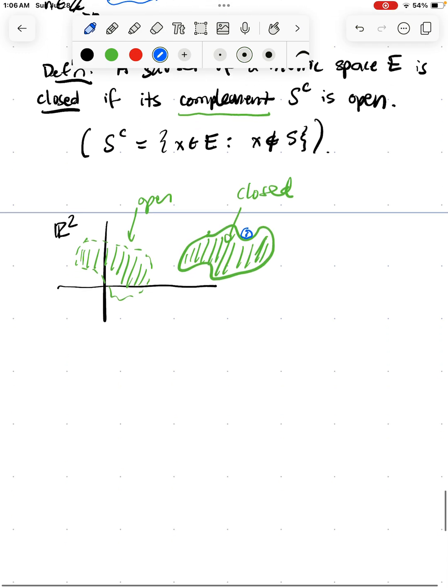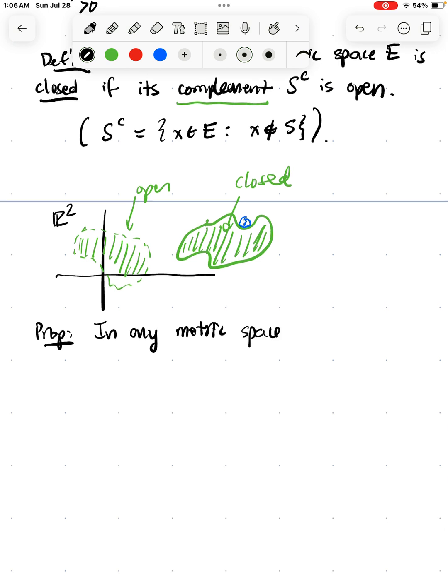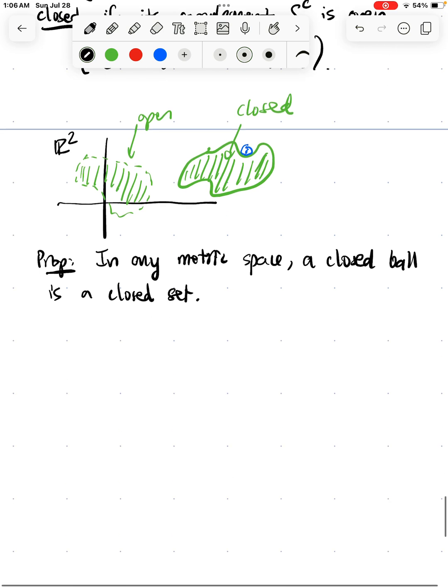Now before going on to those general properties, let's just check that if you have a closed ball, it is a closed set. So proposition: in any metric space, a closed ball is a closed set. Okay, proof.